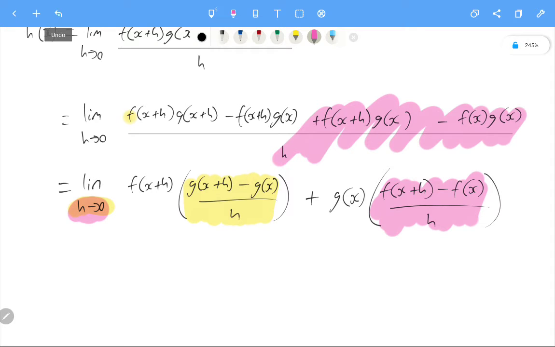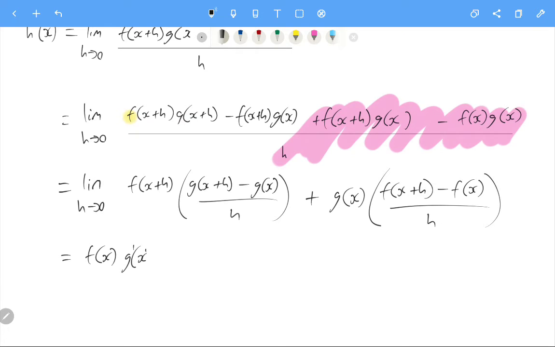So let's now actually take the limit as h goes to 0. Well, as I said, let's take it term by term. So, the limit's being evaluated. f of x plus h, that goes to just f of x. Right? As h goes to 0, it just becomes f of x. g of x plus h minus g of x over h, well, that's just, by first principles, the derivative g dash of x.